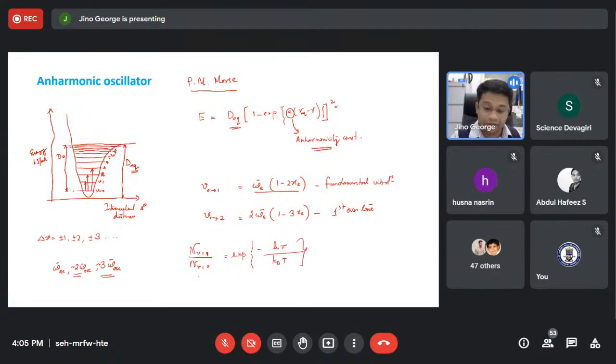So if it comes as omega bar, then it will be c into omega bar. So this omega bar is equal to, say, 1000 centimeter inverse, where normally vibration appears. Then you calculate this distribution as you can put in the value of h, 6.626 into 10 power minus 34. kBT is 1.34 into 10 power minus 23, and temperature T is 300 Kelvin.